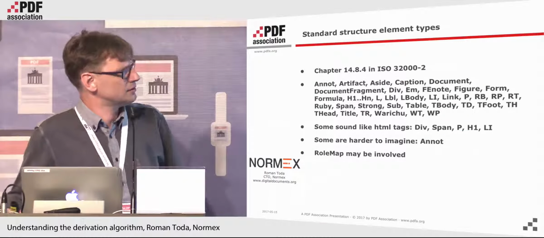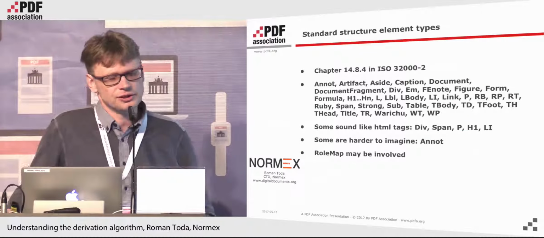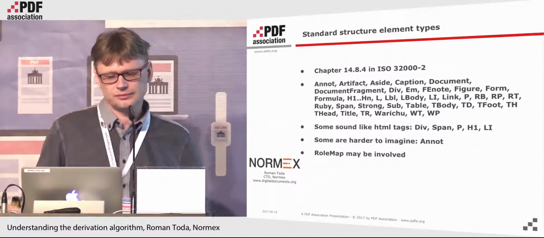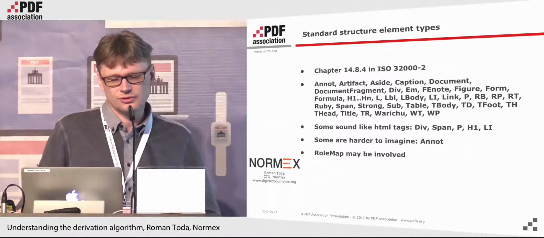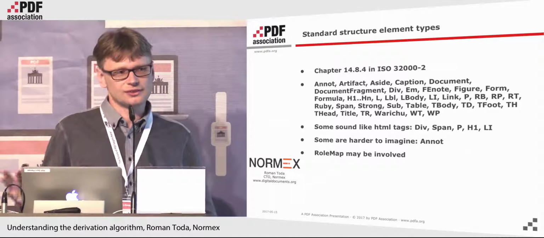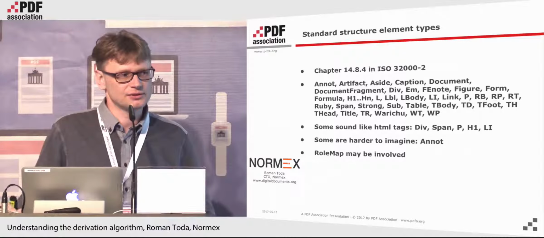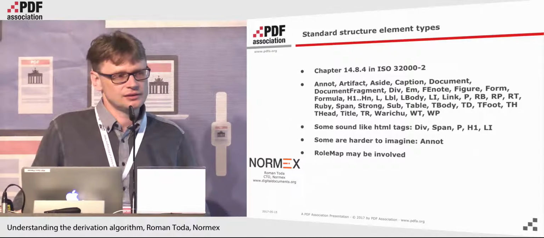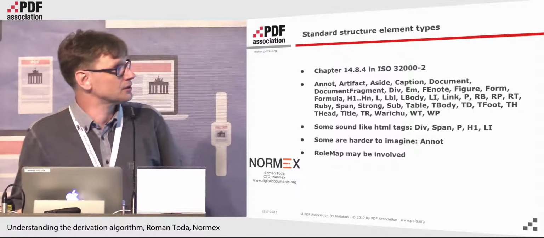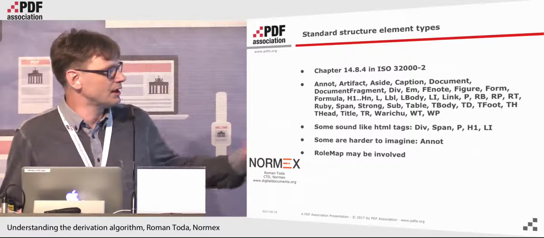And actually the language is pretty rich. If we look at ISO 32000-2, we have a lot of standard tag types, or standard structure element types, to be precise. And all those structure element types are very well defined.